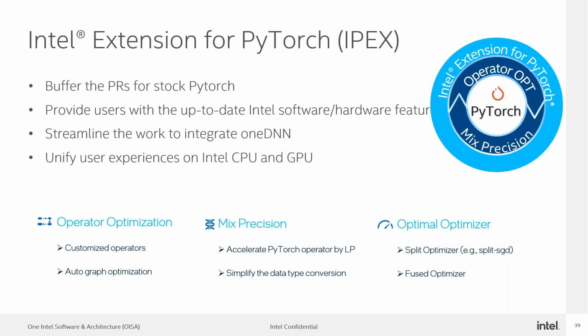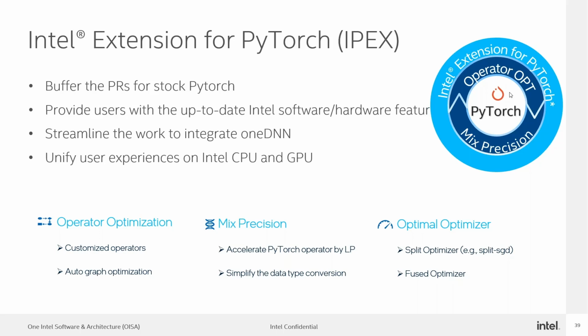Currently, there are two separate branches, but later in the future, we will merge them together. So for users of IPEX, you can get performance boost on both Intel Xeon CPUs and Intel GPUs.